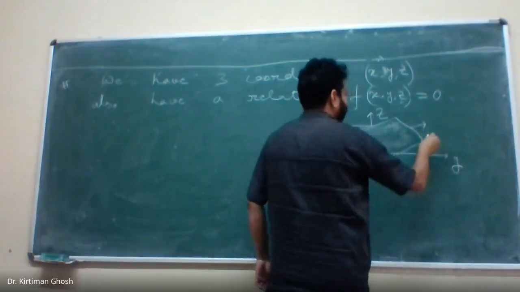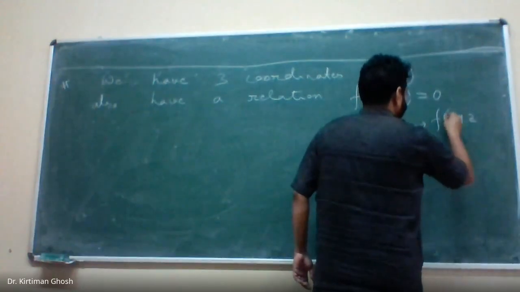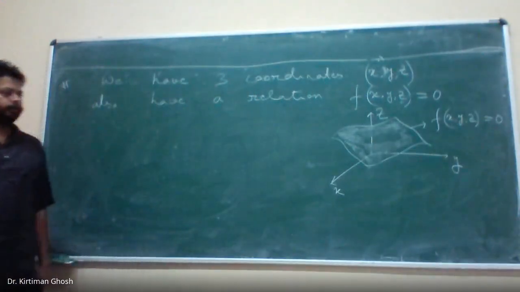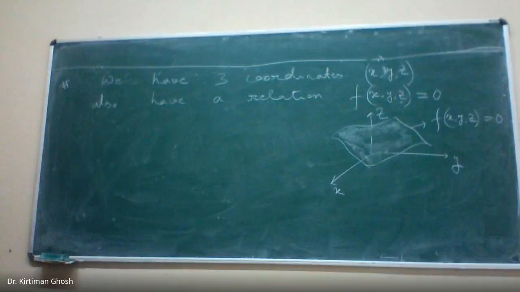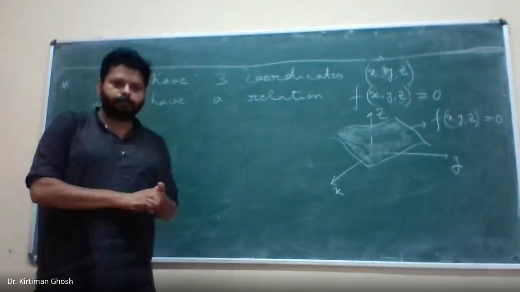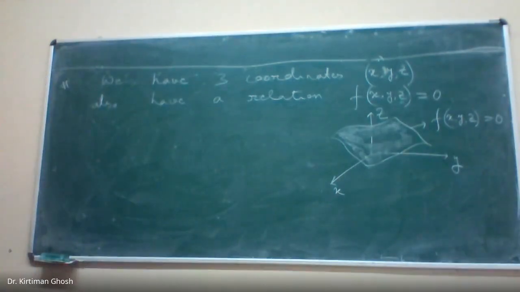So this surface is essentially represented by f(x, y, z) equal to 0. Okay.